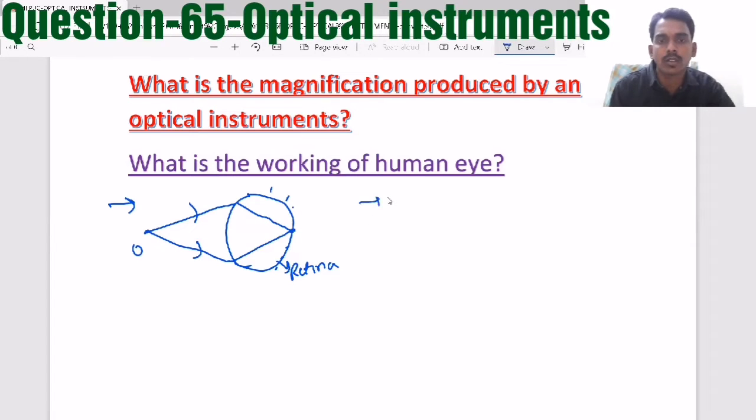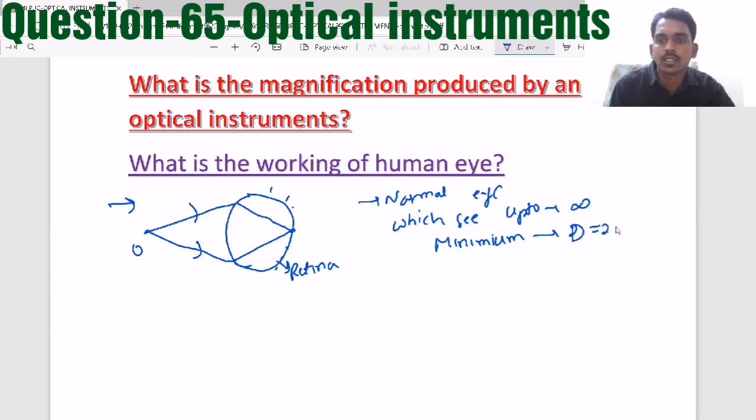That is called a normal human eye, a normal eye without any defect. A normal eye can see up to a maximum of infinity and a minimum, the least distance of distinct vision D, that is approximately 25 centimeter, but it varies from person to person.